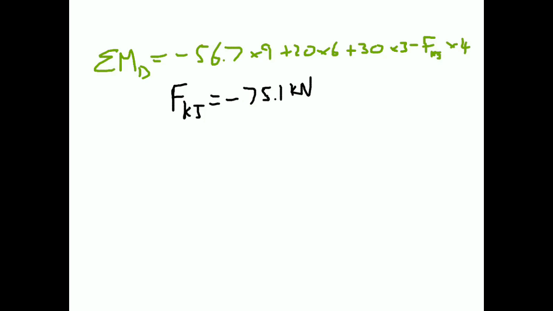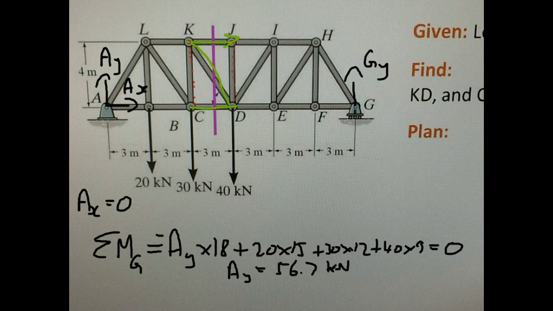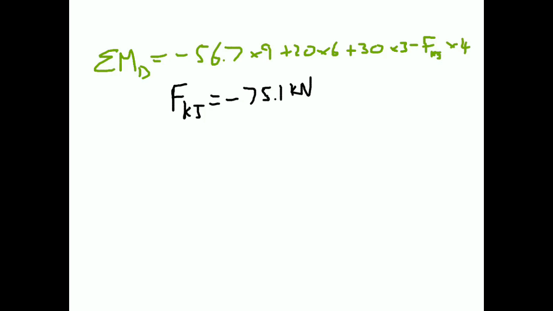We originally assumed it to be in tension, pulling away from joint K. We've found it's negative, so it must be 75.1 kilonewtons in compression.